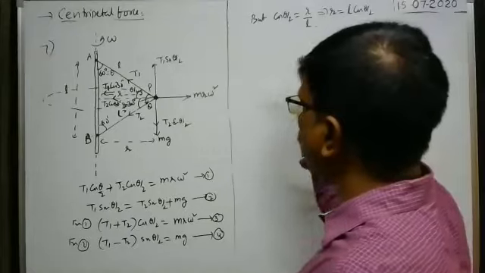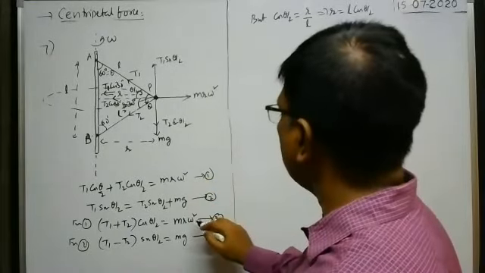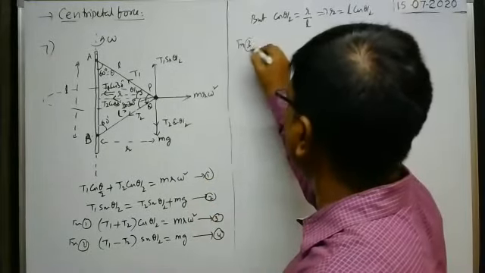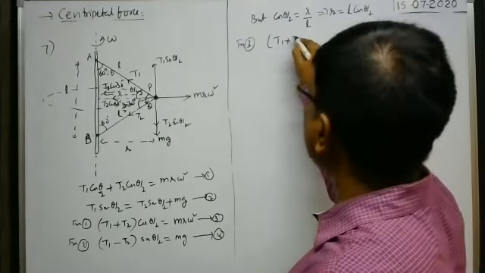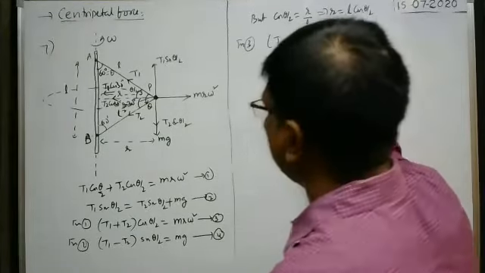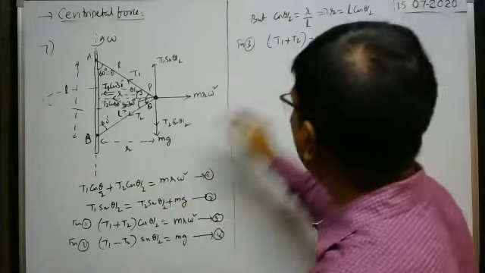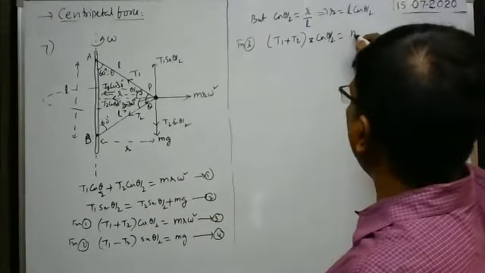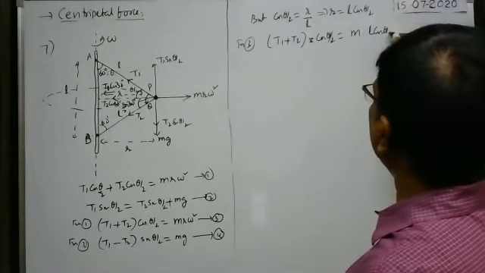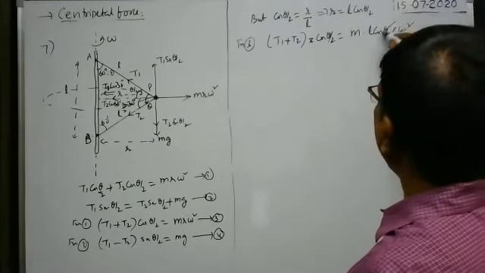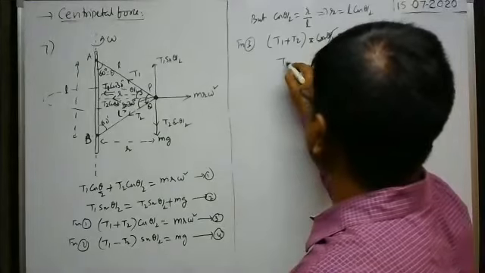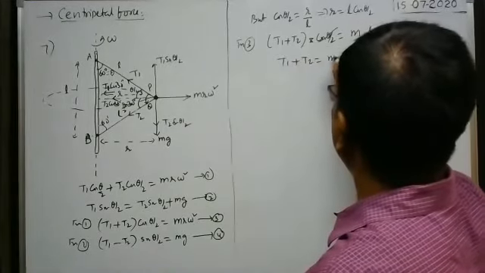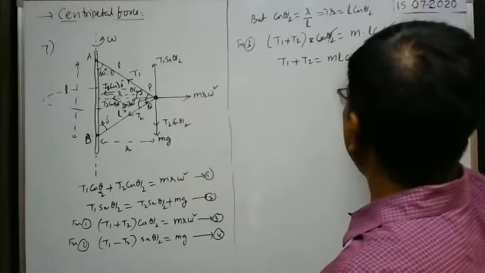Now you substitute this instead of R in equation 3. T1 plus T2 into cos theta by 2 is equal to m into R, meaning L cos theta by 2, into omega square. Cos theta by 2 cancels. So T1 plus T2 is equal to m L omega square.